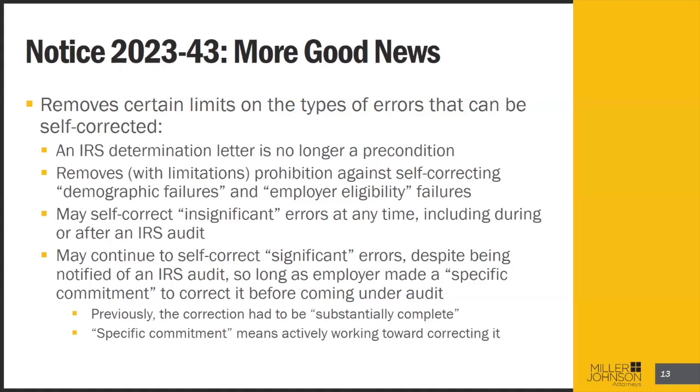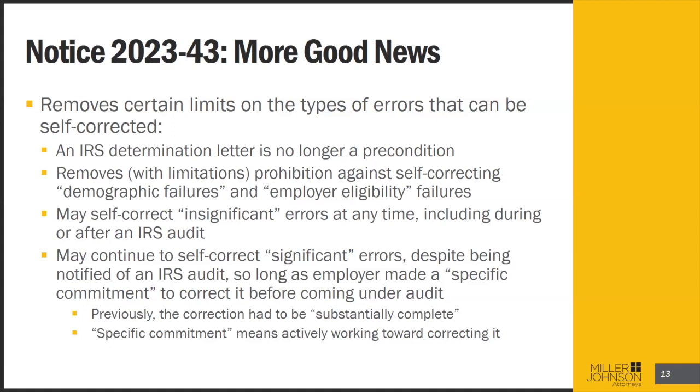So maybe you might have failed the minimum coverage test under 410(b). That would be a demographic failure. That's something that's called out under the program as something that can't be fixed. This notice confirms that those broad exclusions no longer apply. But as I put in parentheses there, there are some limitations to this that I'll cover.